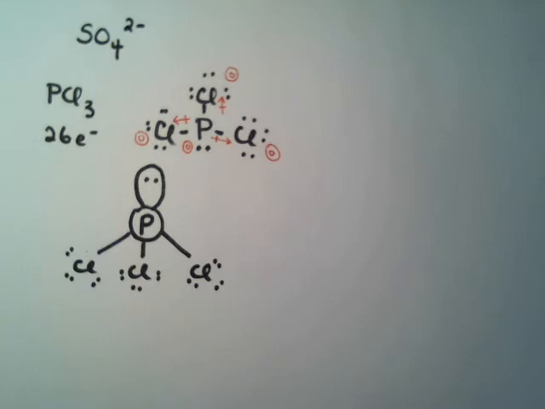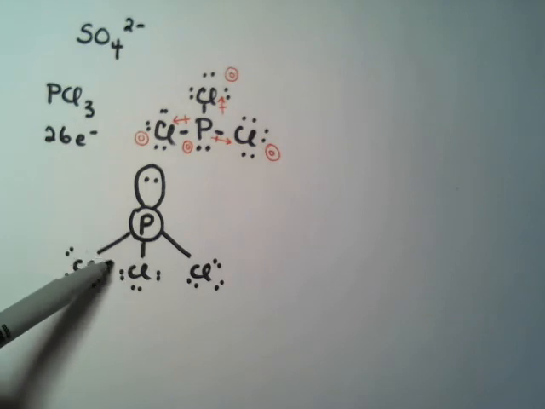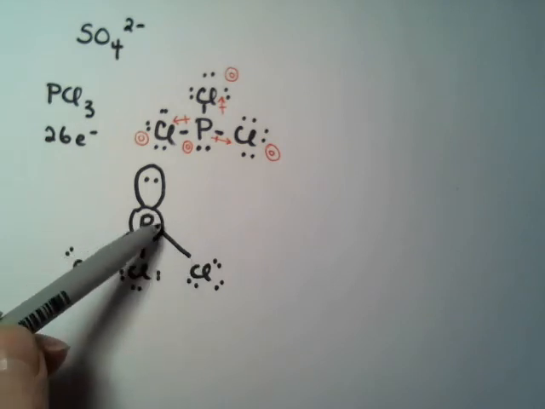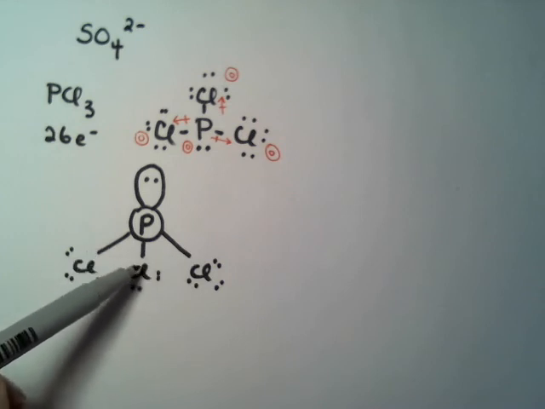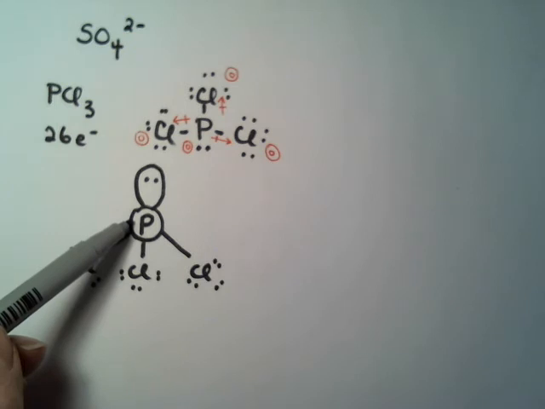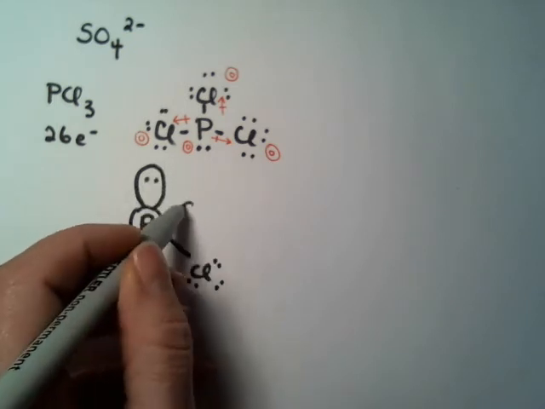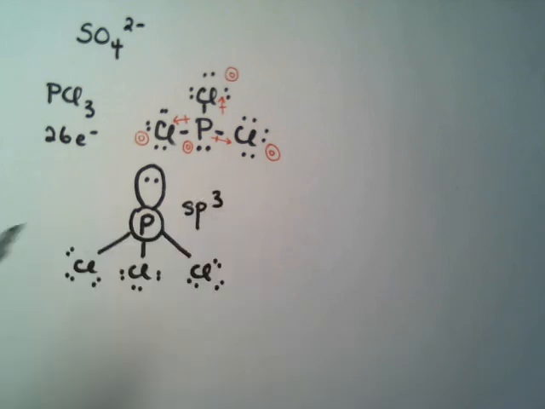I have one Lewis structure. The electron group geometry around phosphorus is tetrahedral, but the molecular geometry is trigonal pyramid. Don't say planar because it's not flat. And the hybridization state of phosphorus is 1, 2, 3, 4, so the hybridization state is sp3.